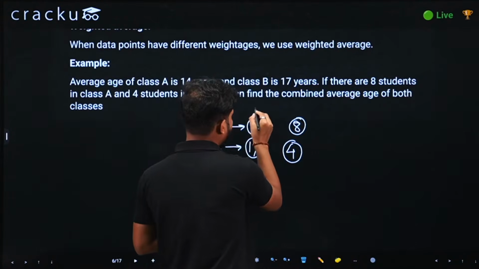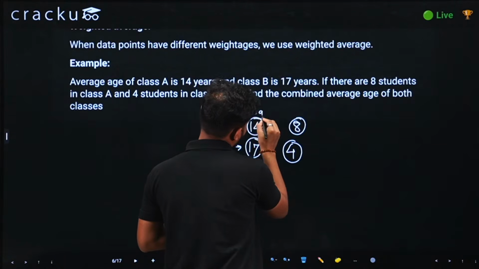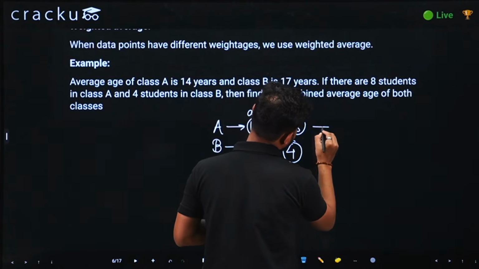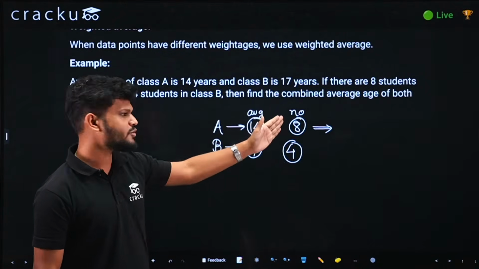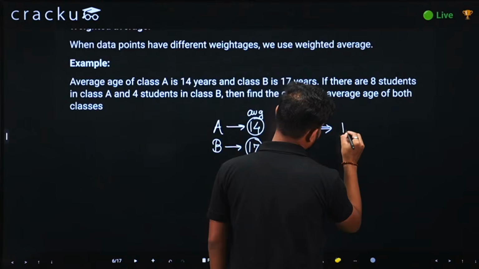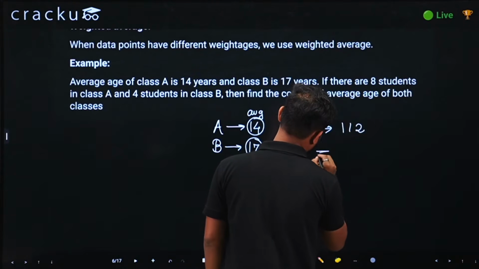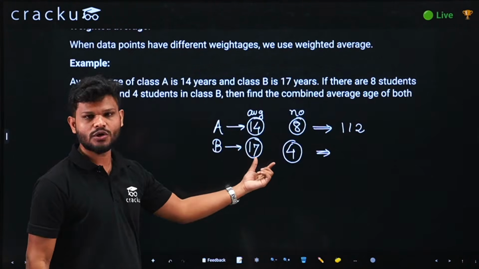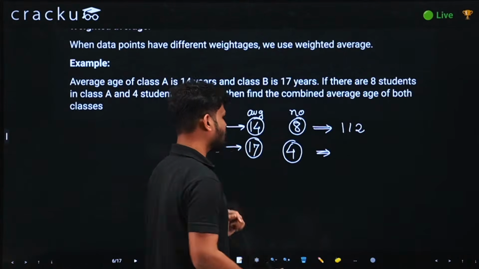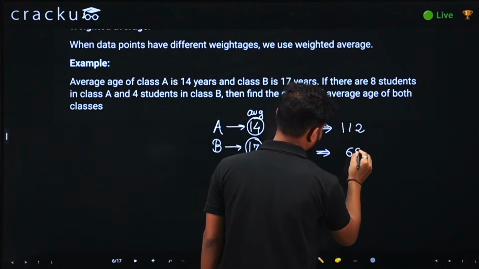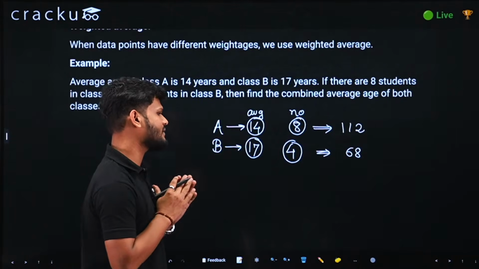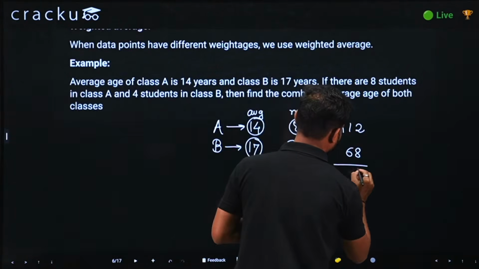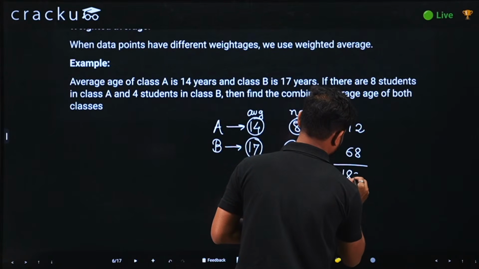If this is the average and this is the number, the sum of all the ages in class A will be average into number: 14 into 8, which is 112. The total age in class B will be 17 into 4, which is 68. If I combine both the classes, the total age will be 180.